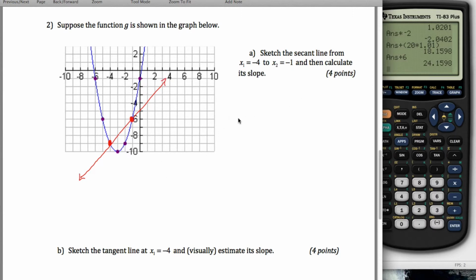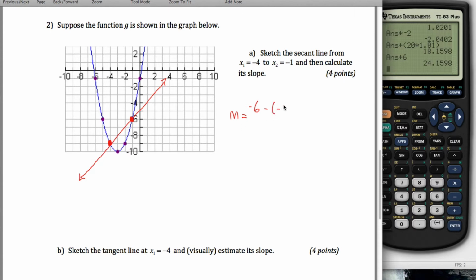Calculate slope? Sure, I can do that. I've been calculating the slopes of secant lines this entire problem. It's y2, the y value corresponding with when x equals -1. Looks like it's 6. Minus y1. It's the height here. It looks like -9 to me, and I guess this was actually -6 is this height.